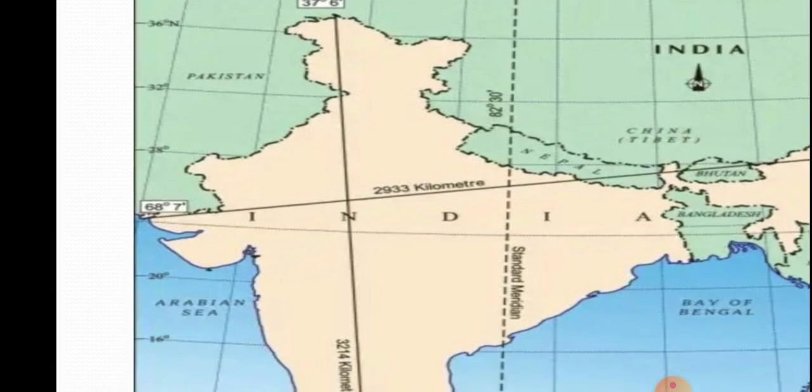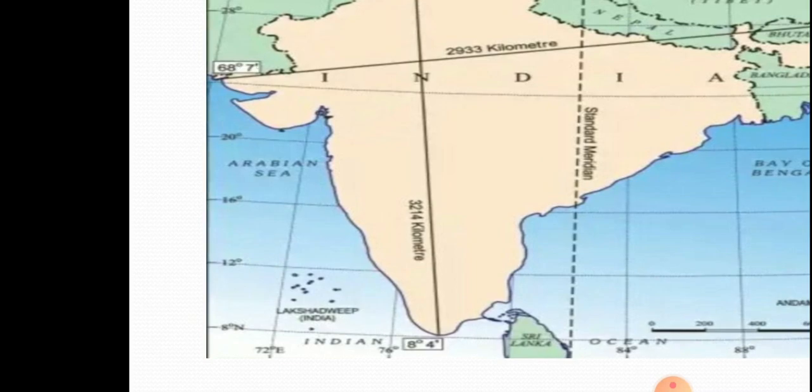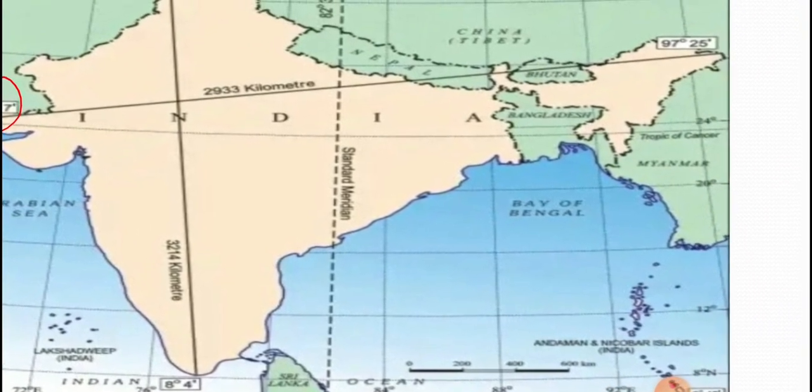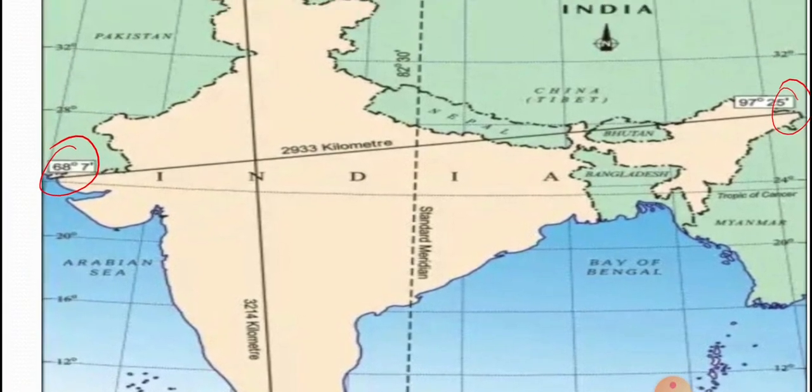India's longitudinal extent is 68.7 east, because we are in the east longitude. You can see over here, Gujarat, it starts at 68.7 east longitude to 97.25 east longitude. So we are completely in the eastern hemisphere.